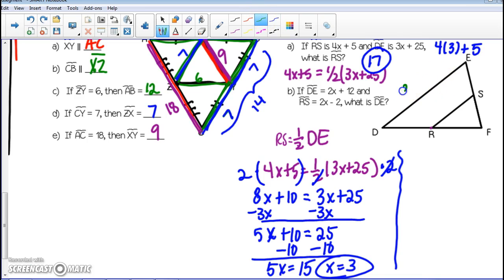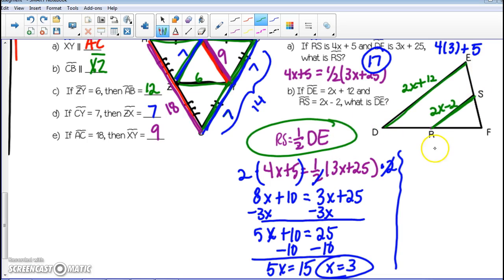So this time DE is 2x plus 12. And RS is 2x minus 2. Remember, RS, the mid-segment, is half as much as DE. So RS is 2x minus 2, half as much as 2x plus 12.